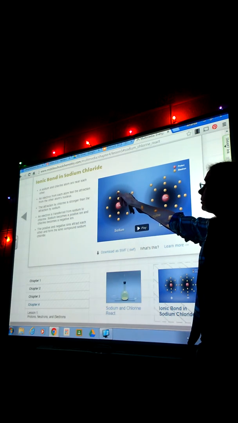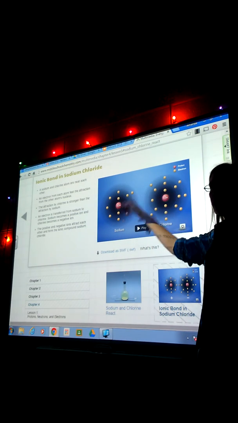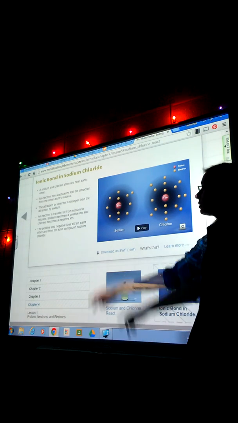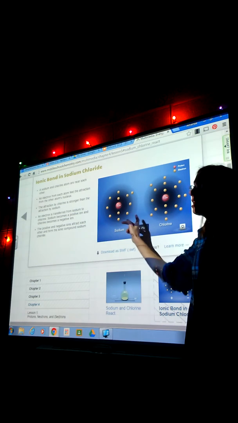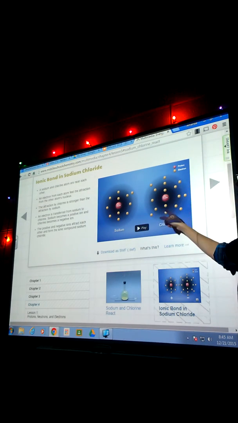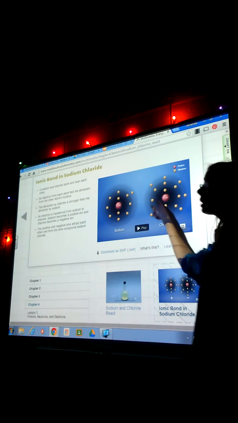So when the sodium loses this electron, or gives it away, it's going to have 10 electrons. So if it has 11 protons and 10 electrons, what's the overall charge going to be of that sodium atom? Positive 1. It's positive by 1, right? It has 1 extra positive there. And then the chlorine has 17 protons, and when it gains this electron, it's going to have 18 electrons.